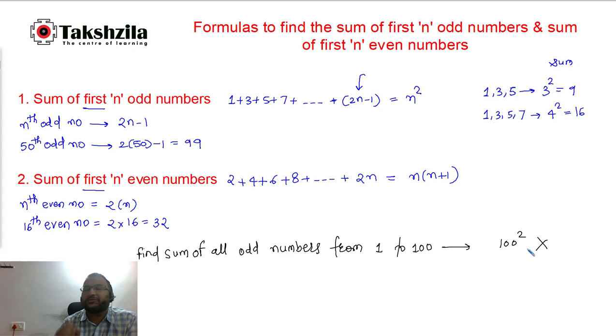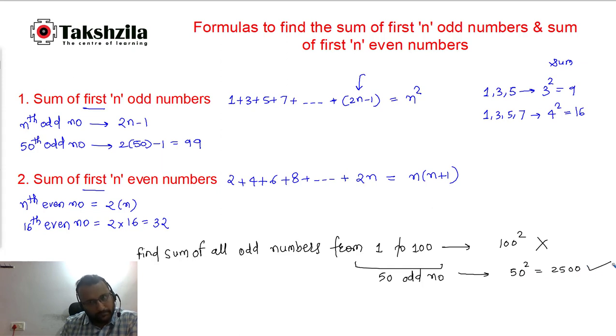This is incorrect answer. So first of all, you need to identify 1 to 100 how many odd numbers are there. There are 50 odd numbers. So the answer is going to be 50 square, that is equal to 2500.